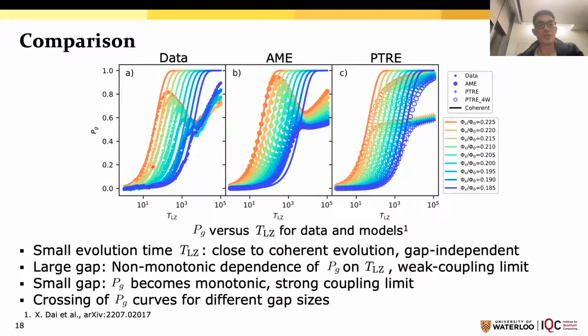So our experimental data interpolates from this weak coupling behavior to the strong coupling behavior as we reduce the gap, but we don't have a single model that describes the transition from the weak coupling to the strong coupling.